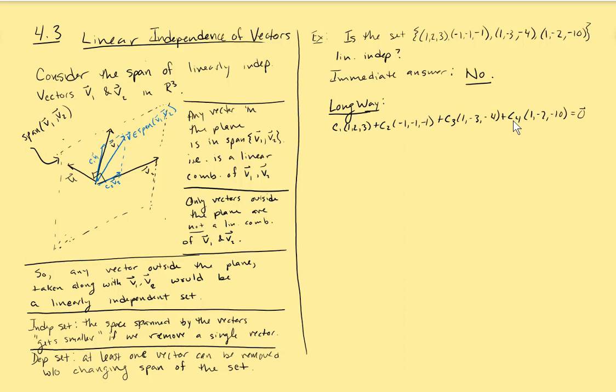So can we find, we'll say it's linearly independent only if C1 through C4 are all 0. Sorry, mixed it up.